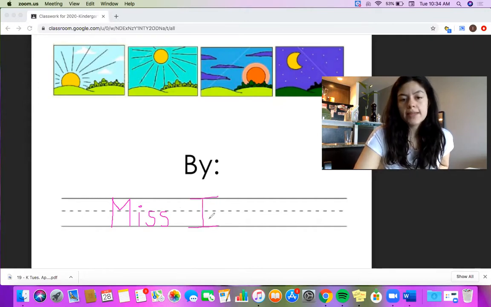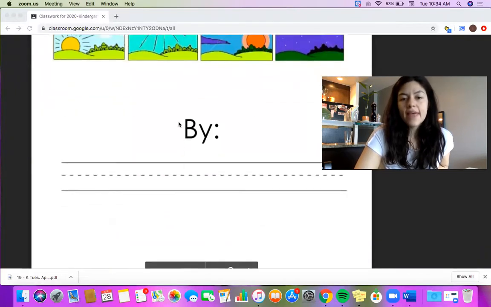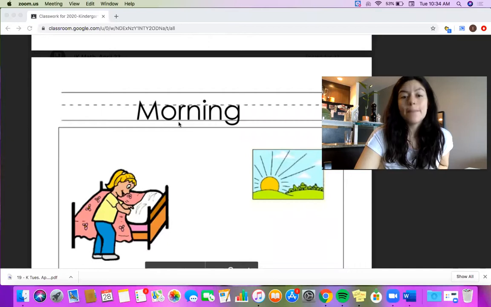See, so uppercase takes up the entire space, the I and the M, and the other small letters take up half the space.